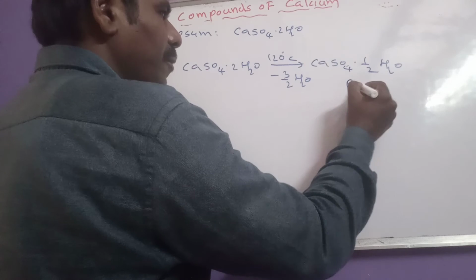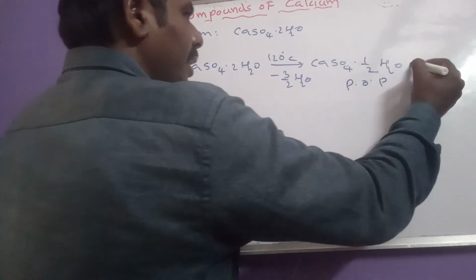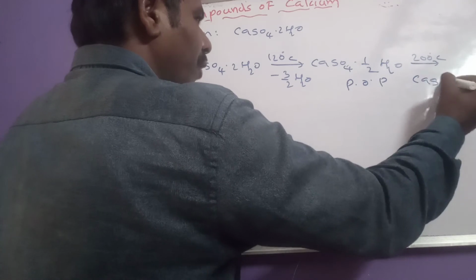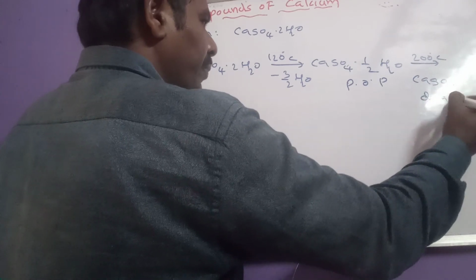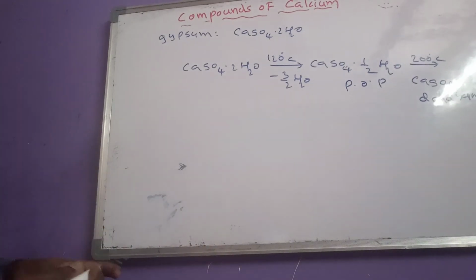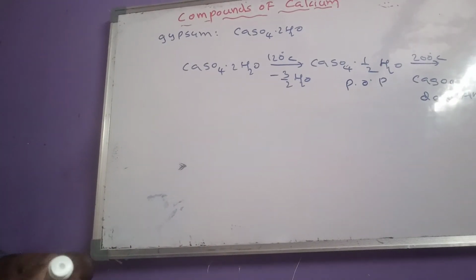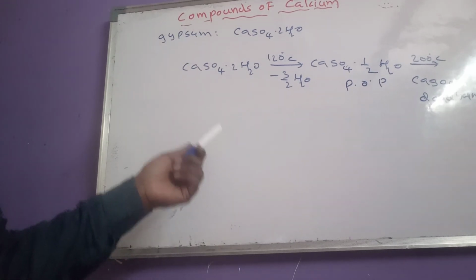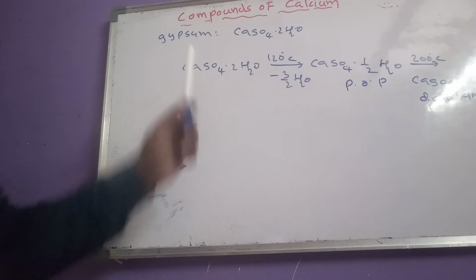This is known as plaster of Paris. And above 200 degrees centigrade, it forms anhydrous CaSO4, known as dead burnt plaster. So this is one important reaction for gypsum.